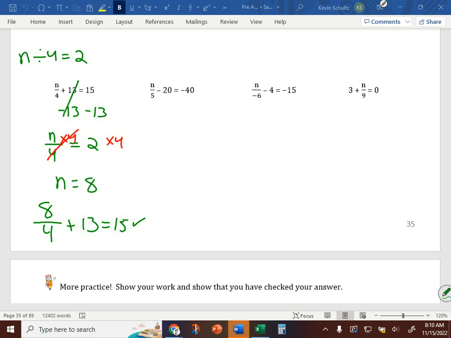Try the next one on your own. N divided by 5 minus 20 equals negative 40. Give it a shot. I'm going to give you 20 seconds, maybe 30 seconds.